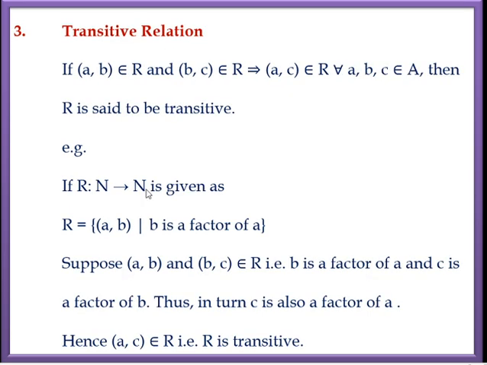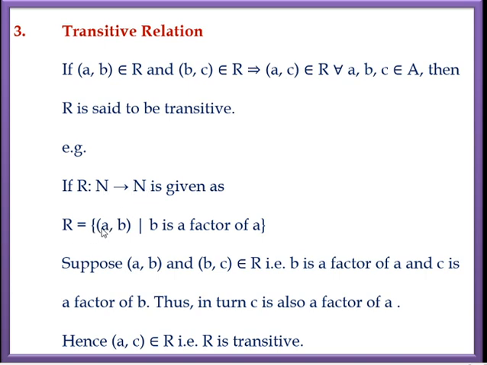Now, transitive relation. If (a, b) belongs to relation R and (b, c) also belongs to R implies that (a, c) belongs to R for all a, b, c belonging to set A, then R is said to be transitive. For example, R is a relation from set N to N, that is the domain is the natural number set and the codomain is also the set of natural numbers.